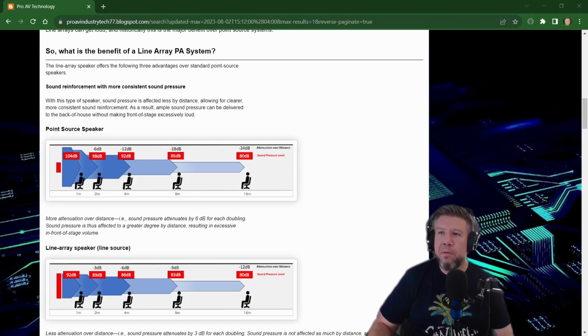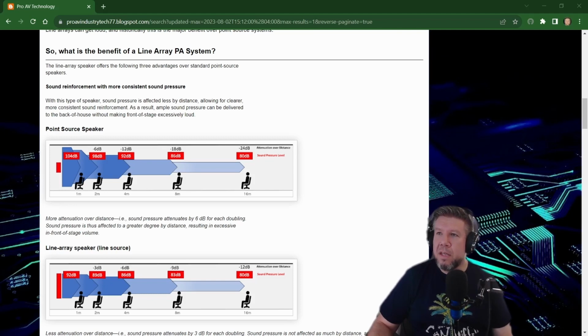The first person in front, at 1 meter, will experience that speaker as very loud. Go 2 meters back, you start losing sound pressure. Go further back, you lose more, and so on. By the time you get to a person that's quite far away, you've got a significant drop in sound pressure.